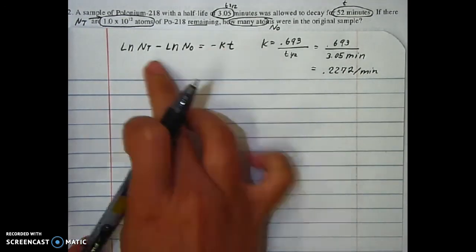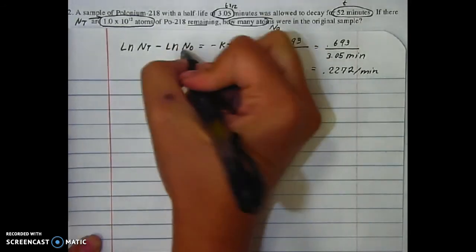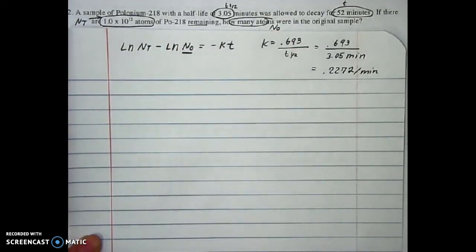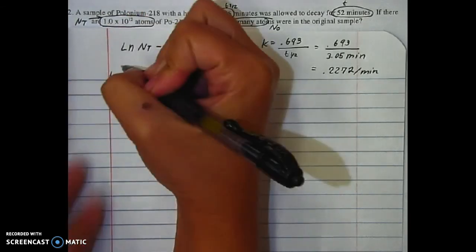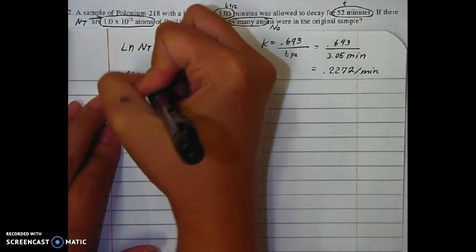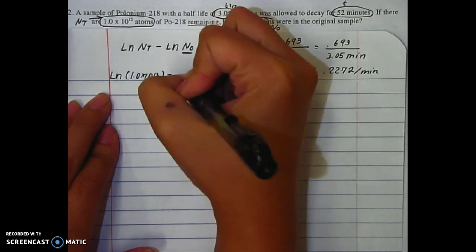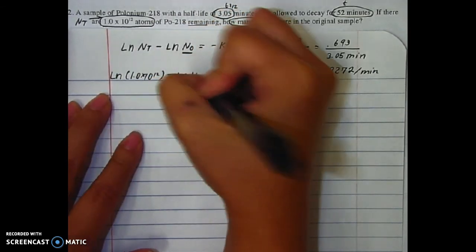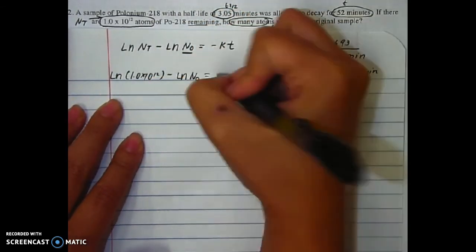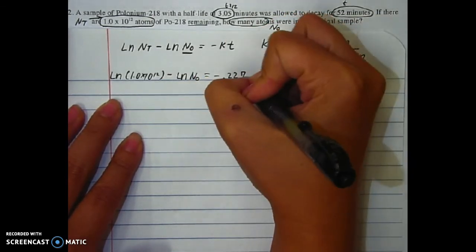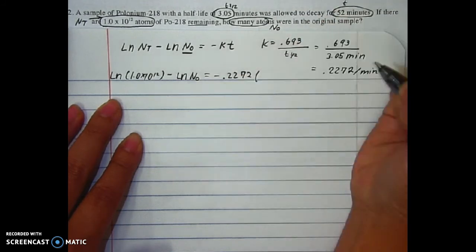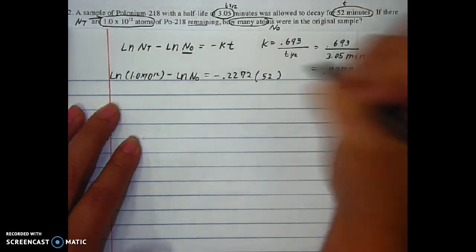We know the time, and I know that this is the thing that I'm trying to solve for, how much I had in my original sample. So natural log of N_t, which is 1.0 times 10 to the 12 atoms, minus natural log of my original sample is equal to negative k, which is 0.2272, times my time, which is 52 minutes.